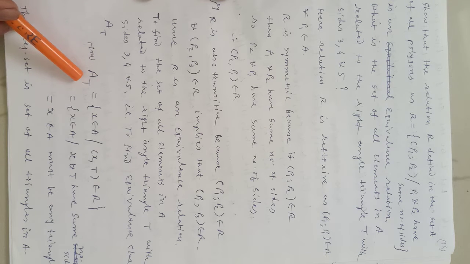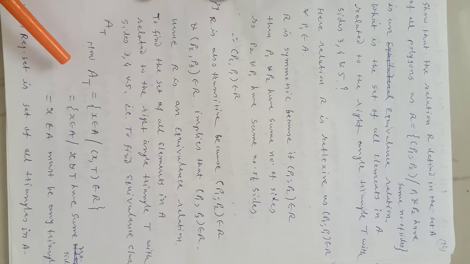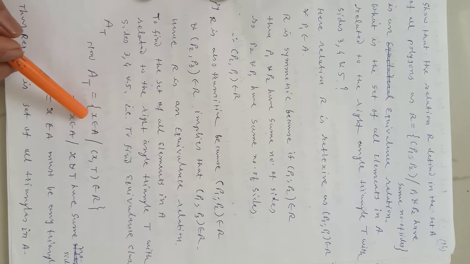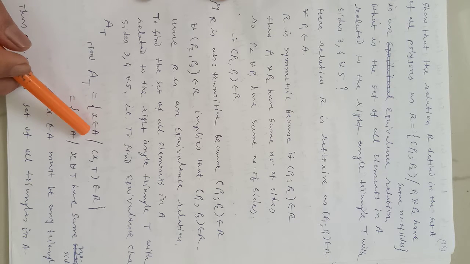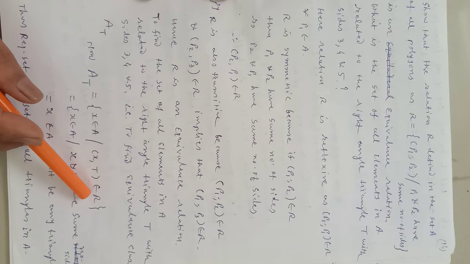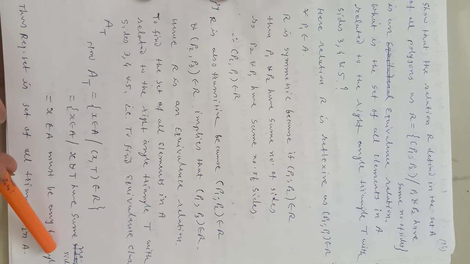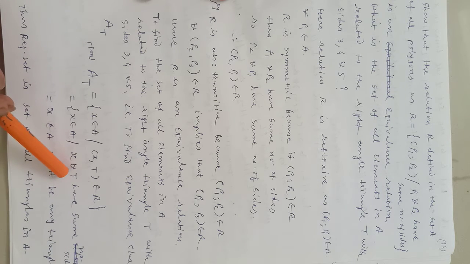Our question is to find the equivalence class of the given triangle T. So A_T is the set of all polygons x belonging to A where x and T are related under relation R. The condition in relation R is that the number of sides of both polygons is the same. So x and T have the same number of sides. Because T has 3 sides, x definitely has 3 sides, and therefore it is none other than a triangle.